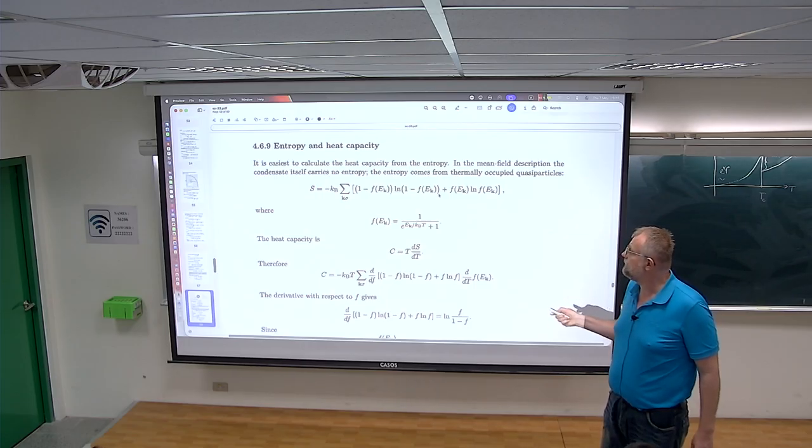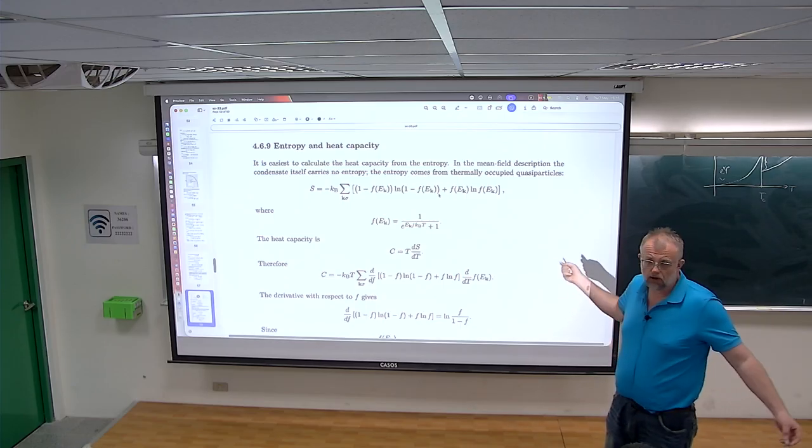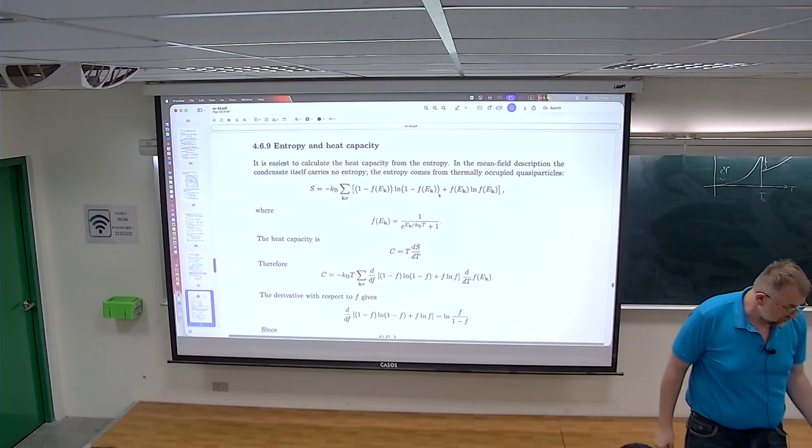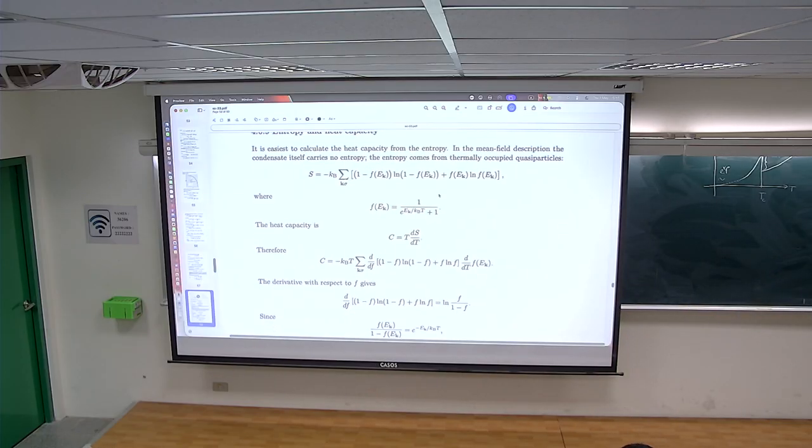So this is the formula for the entropy. Once you know the occupation numbers, which are these Fermi distributions, you just use this formula. You need to believe me, or you had it derived for you, but this is how the entropy looks. Here I'm writing sigma, but this sigma is 1 and 2 because our quasi-particles have index 1 and 2.